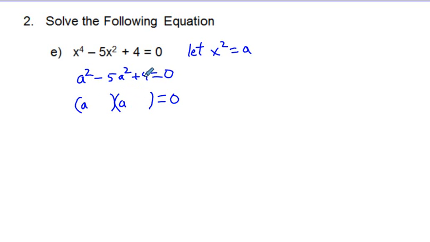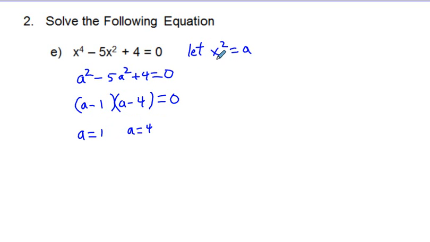So what two numbers add to negative 5, but multiply to equal 4? Well, they are going to be negative, negative. So we have 1 and 4. So we have a is equal to 1 and a is equal to 4.